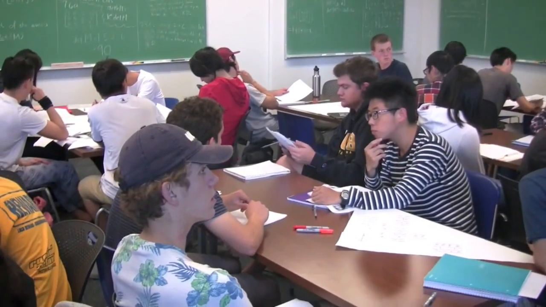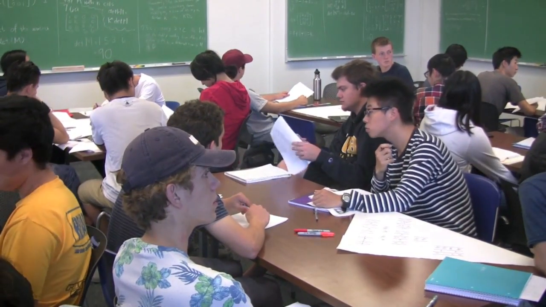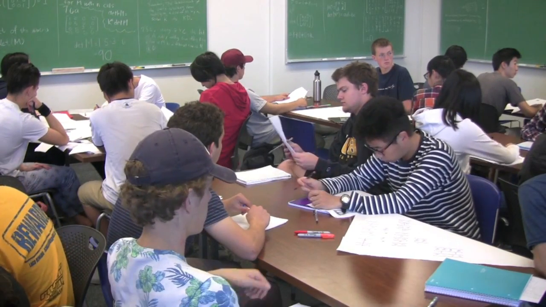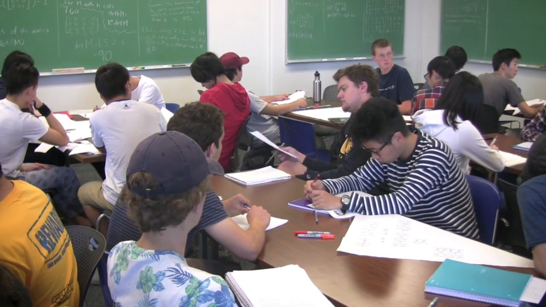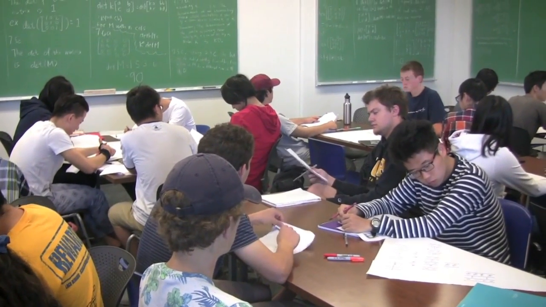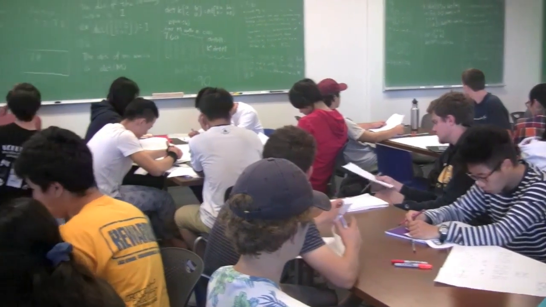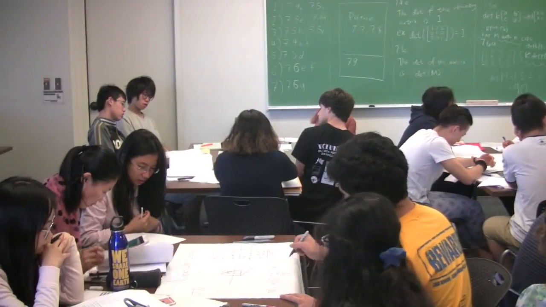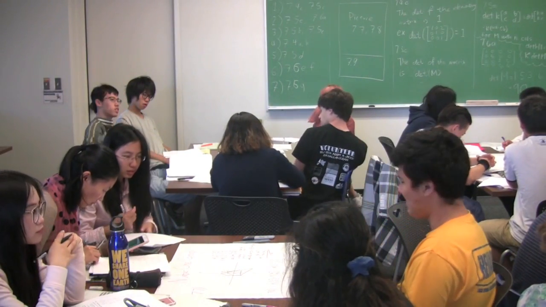So, can somebody explain how it's obvious in that first example where the 2 rows are the same that there's no inverse? Why is it obvious right away that there's no inverse to that matrix? The 2 rows are the same. Yeah, Peter.